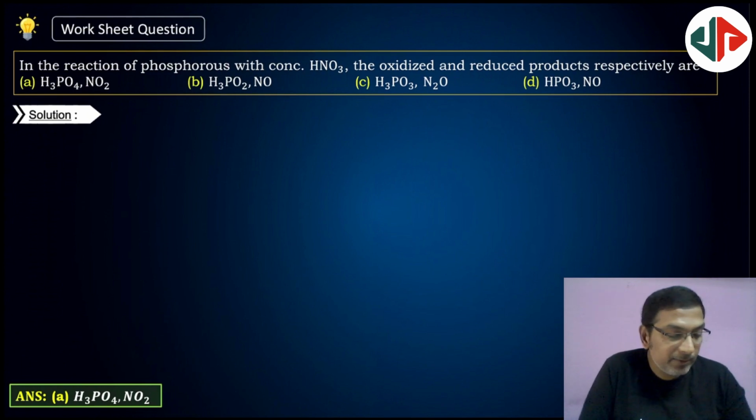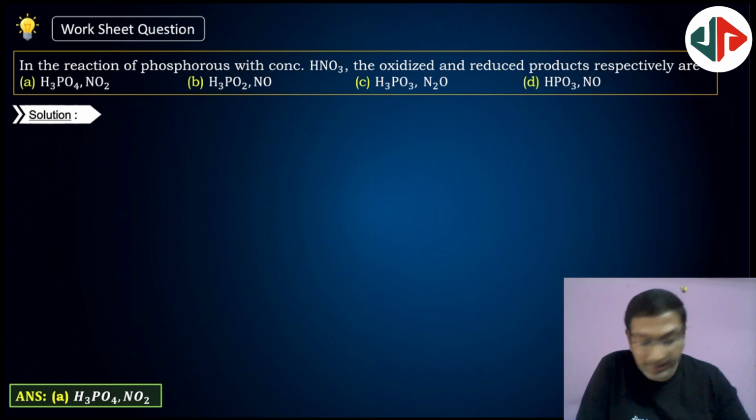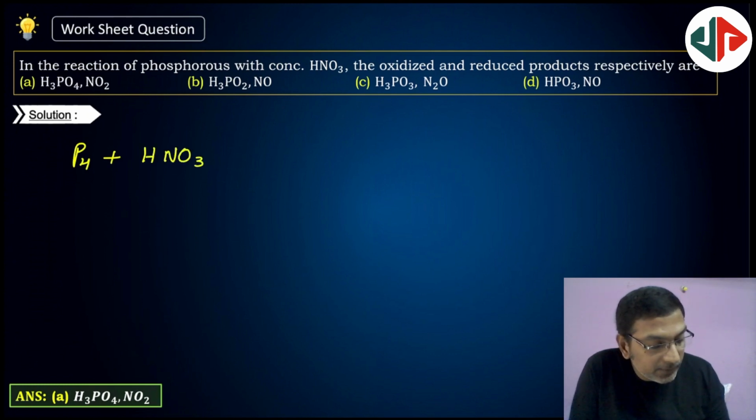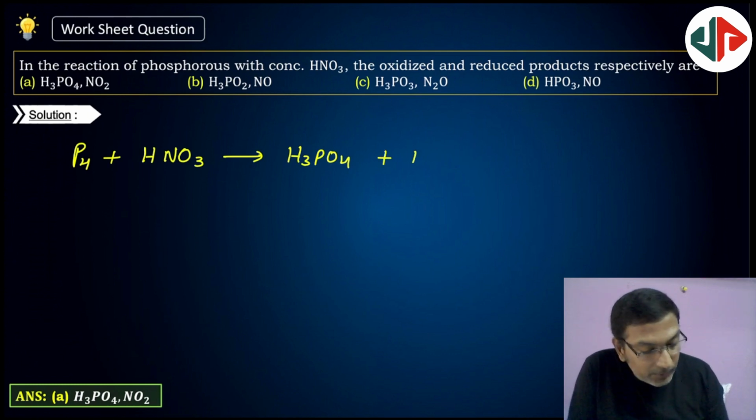In the reaction of phosphorus with concentrated HNO3, the oxidized and reduced products respectively are. So phosphorus P4, white phosphorus, reacts with concentrated HNO3 to form H3PO4, which is orthophosphoric acid, plus NO2 plus H2O.